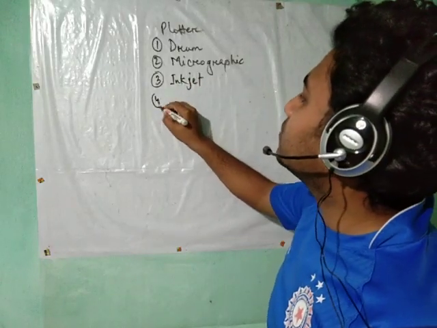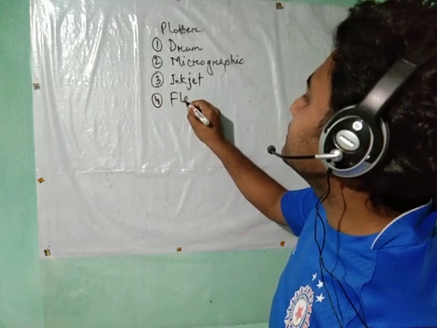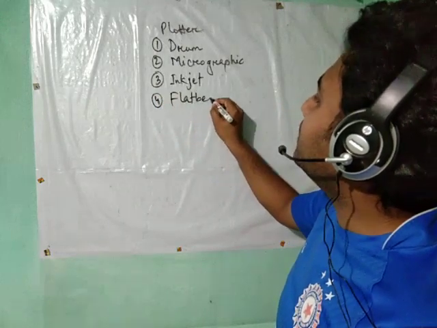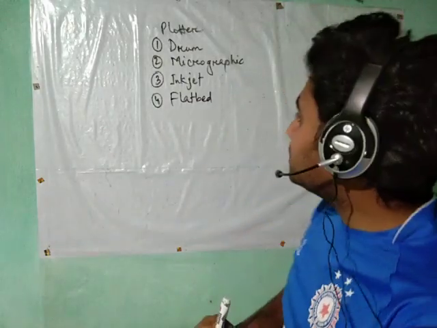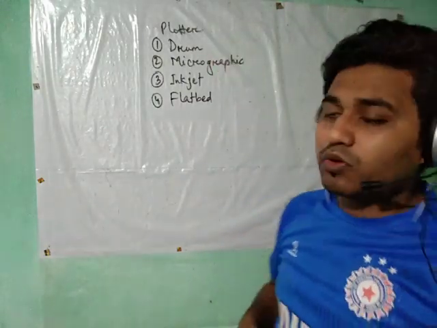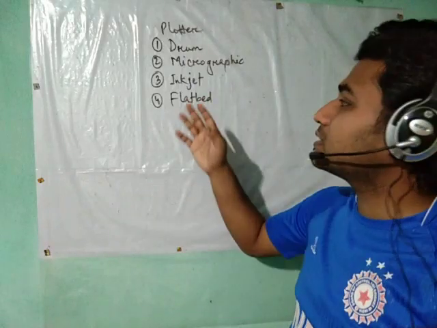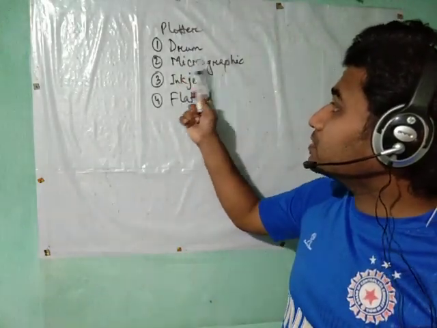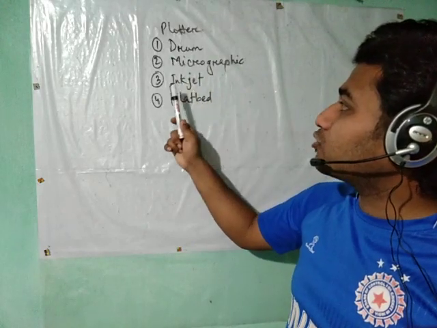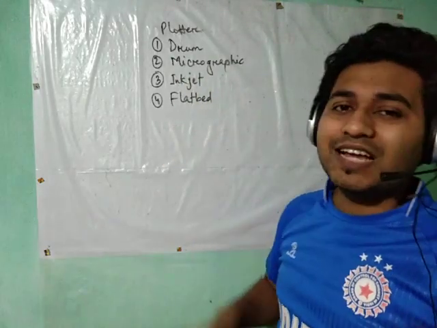And number 4 is the flatbed plotter. I hope you understood. There are 4 different types of plotters available in our market. So first one is drum plotter, next micrographic, then inkjet, then flatbed plotter.